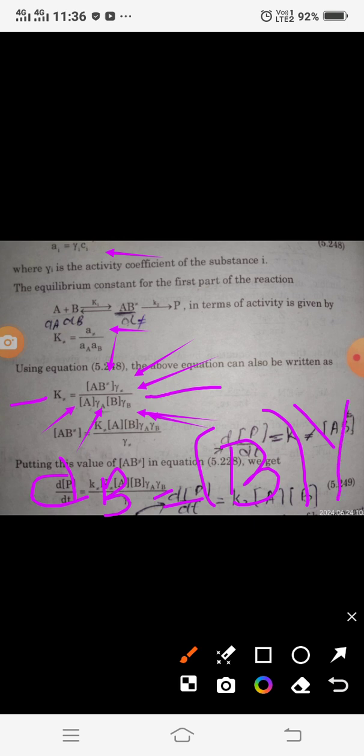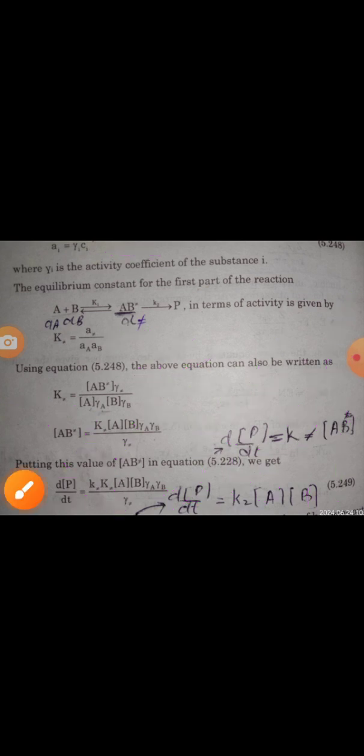Gamma is showing here the activity coefficient. The same goes for the reactant B, where small a is showing the activity of the reactant. Here it will become A, showing the exact concentration of A, and gamma is here as the activity coefficient.